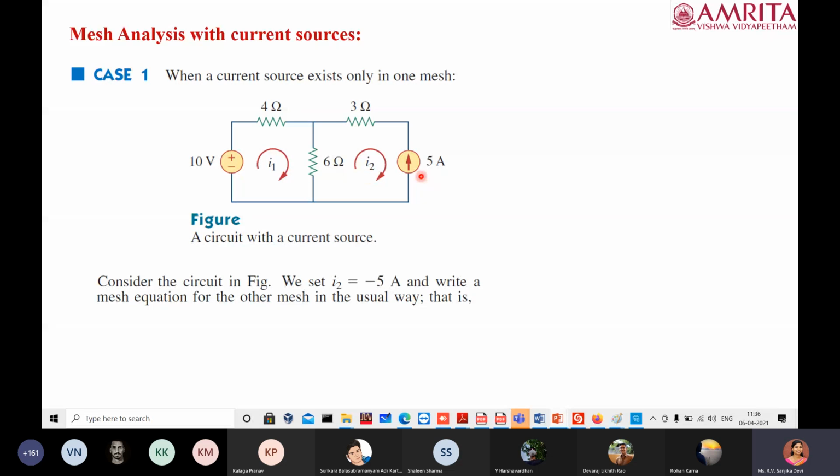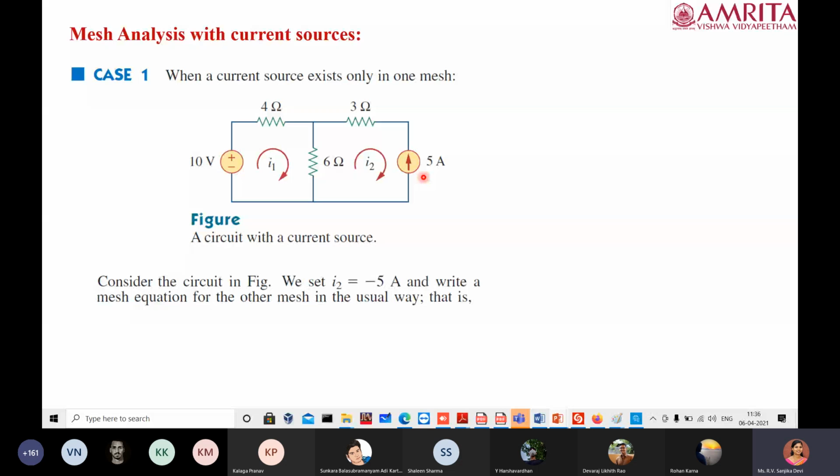In this example, I2 is flowing down, whereas the 5 ampere current is going up. So we can write I2 is equal to minus 5 amp. We can directly get the value of the mesh current if there is a current source in that mesh and it is not common with the other mesh.